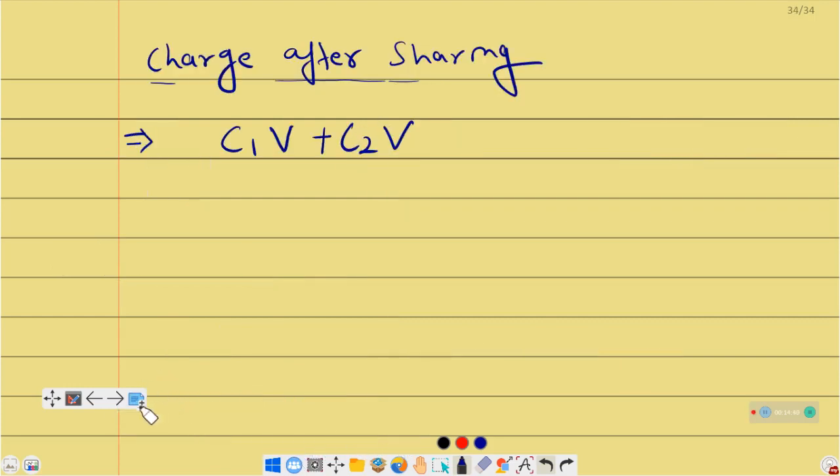Now the potential became the same, so this will become C1 V plus C2 V, that is, C1 plus C2 times V.